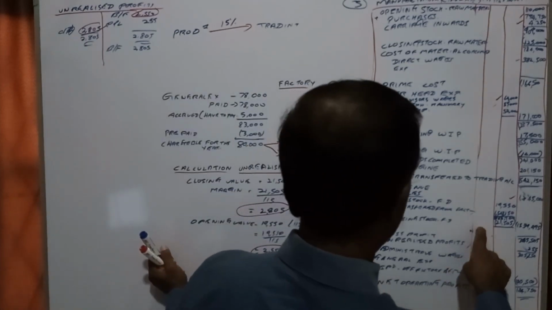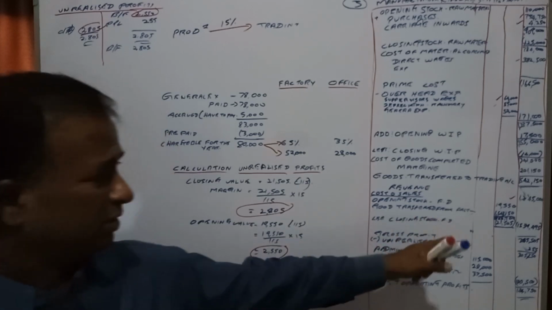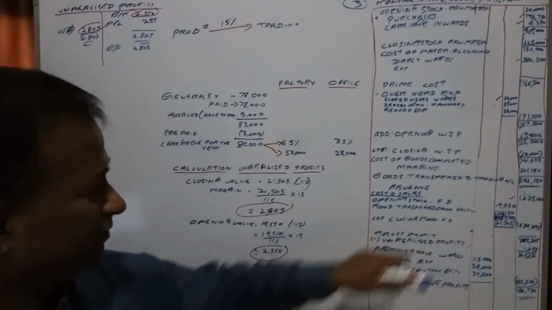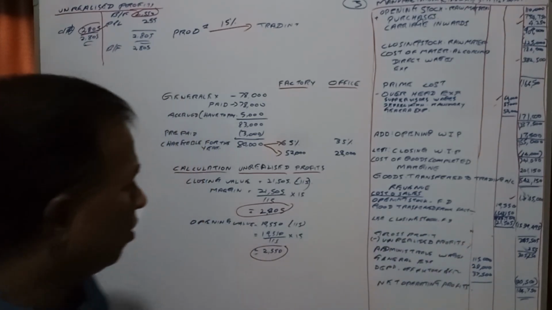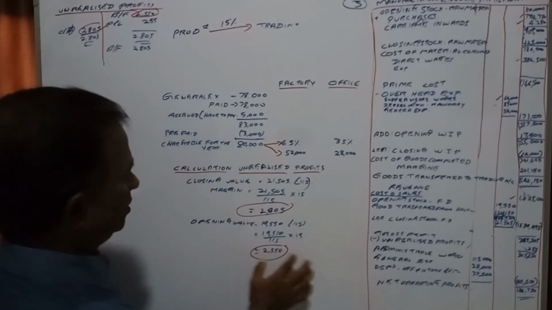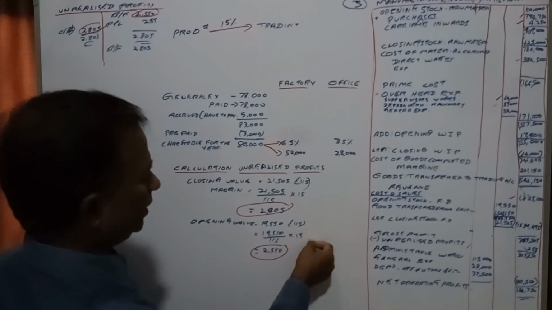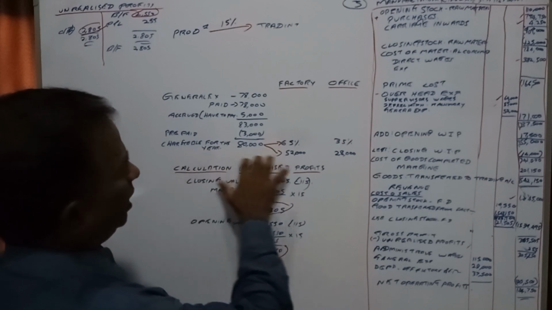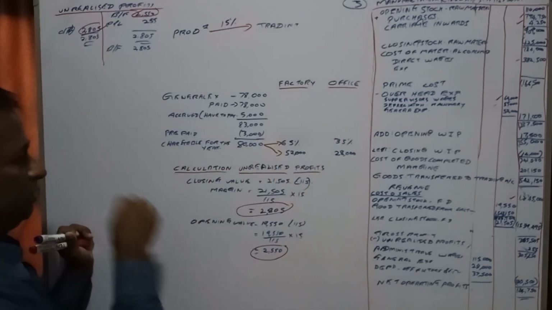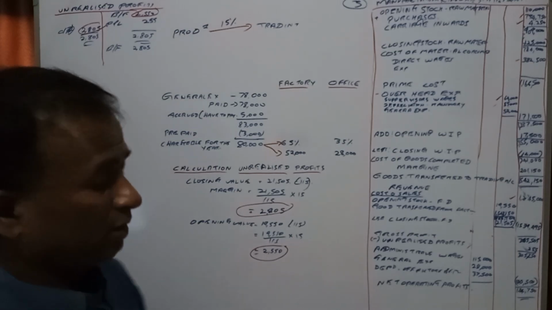If it is 18,400, we have to work it out. That's all, right? What they wanted is to check whether you know how to calculate the unrealized profits, right? Unrealized profits in the market, markups.